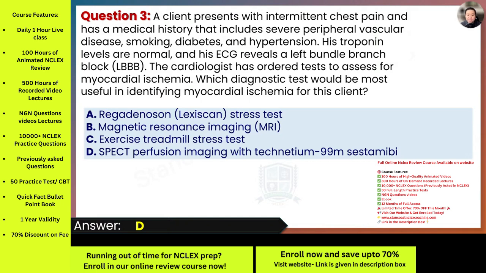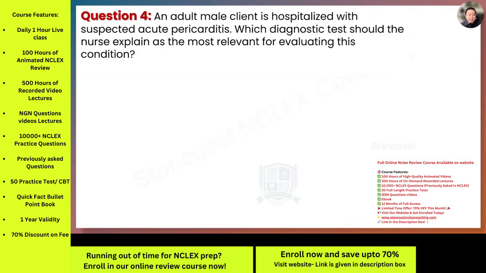So this rules out treadmill stress testing. The test should directly assess blood flow to the heart, making SPECT perfusion imaging the more effective option.